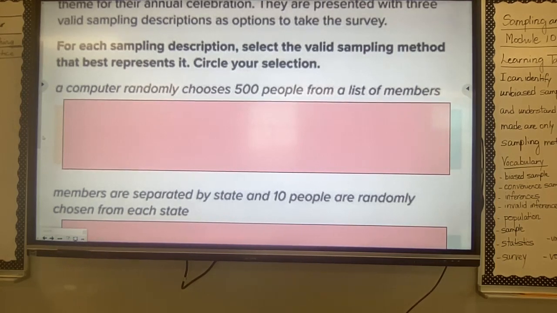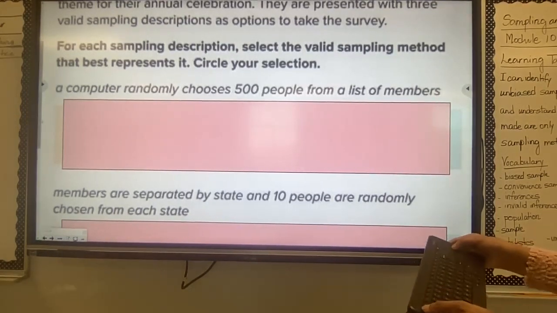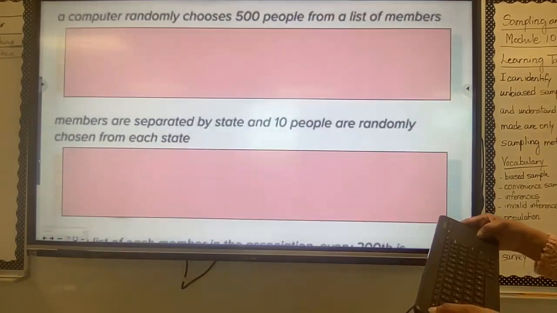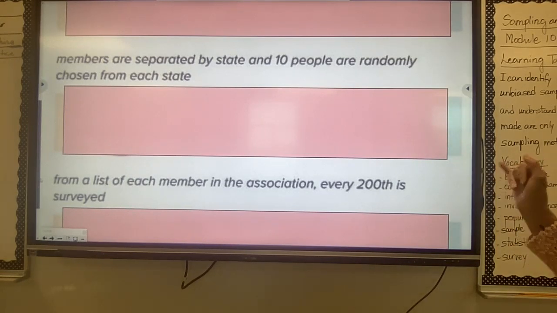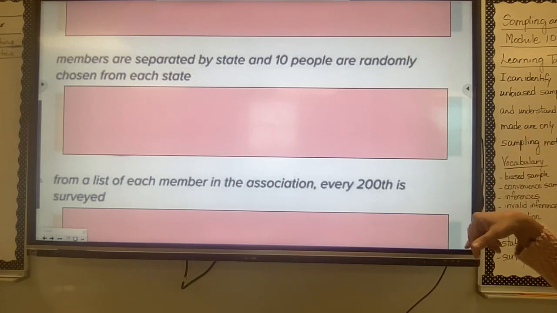Then let's look at the last example, which says from a list of each member in the association, every 200th is surveyed. What are we looking at? There's a list, and every 200th person is surveyed. So the sample is selected from the population according to a specific item.